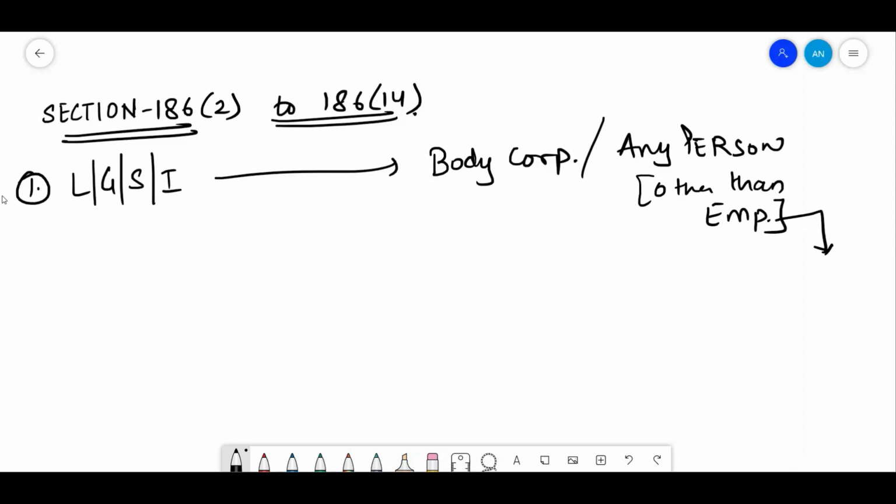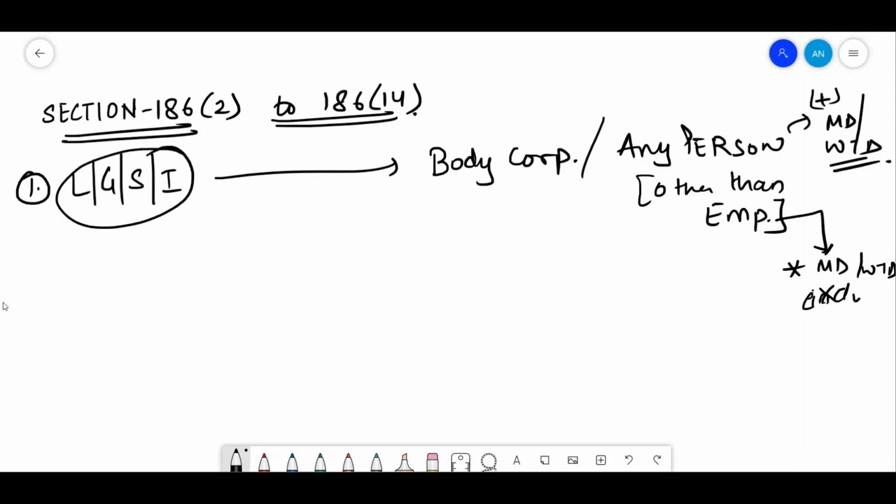And employees may be MD, WTD excluded. That is any person plus MD and WTD. All right. So if a company wants to provide loans, guarantees and securities and investment to body corporate or any person, including MD and WTD, but excluding other employees, then they will have to comply with few conditions.